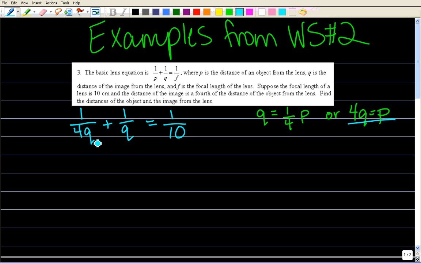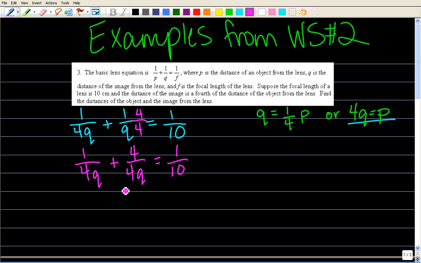So if I want to add these two things together, 1 over 4q plus 1 over q, I need a common denominator first. I can see that my least common denominator would be 4q. This one already has a 4q. This one needs the 4, so I'll multiply the top and the bottom by 4. So I'll have 1 over 4q plus 4 over 4q equals 1 over 10.